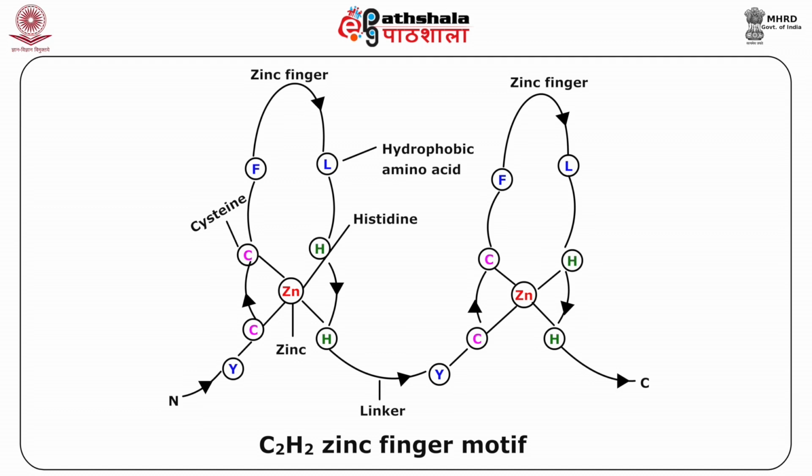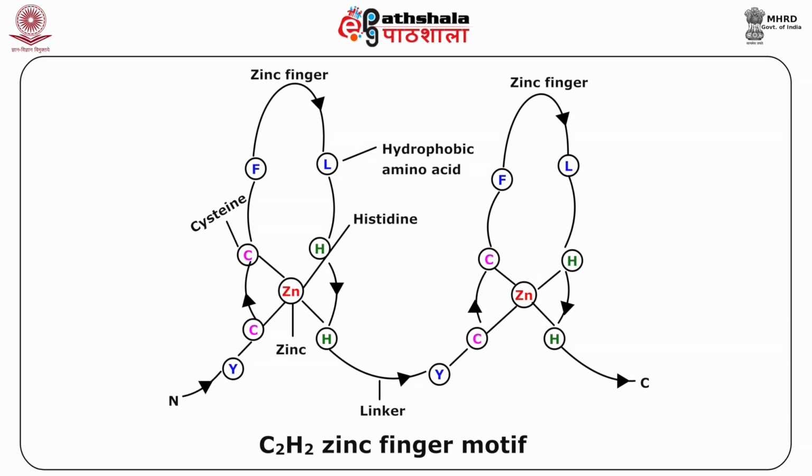C2H2 zinc finger proteins are nearly 1% of total mammalian proteins. These proteins bind DNA and some can also bind to RNA or protein. These proteins contain 2 or more repeating zinc finger units.